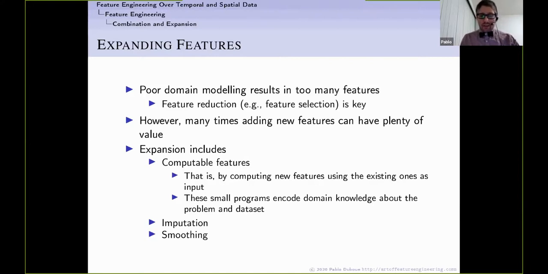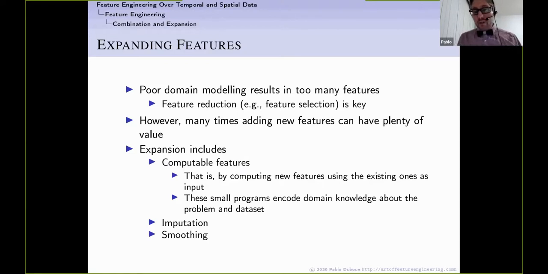These things are called computable features, small programs that encode domain knowledge about the problem and the data set. Another common example is body mass index, which is computed from the height and the weight and gives you an idea about the overall health of the person.